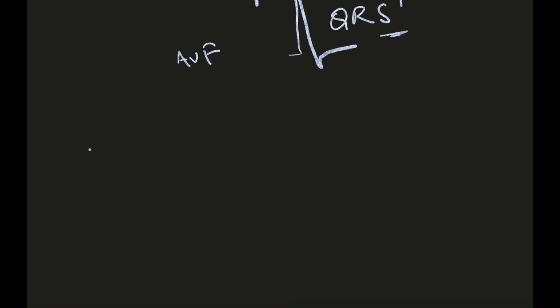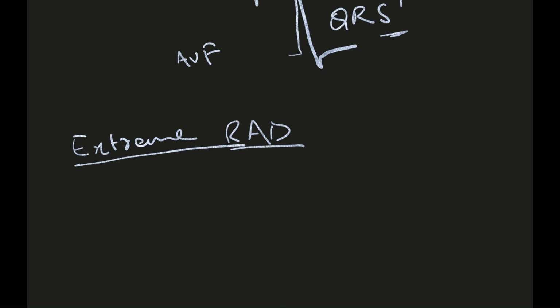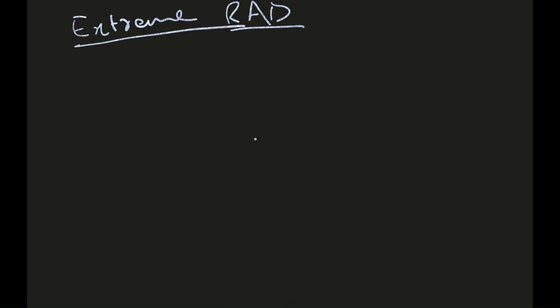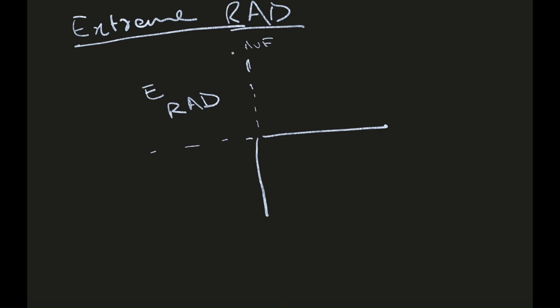Now, what about the extreme right axis deviation? What will happen if the axis lies over this region? You can see AVF is negative in this region. Lead 1 is also in the negative region.